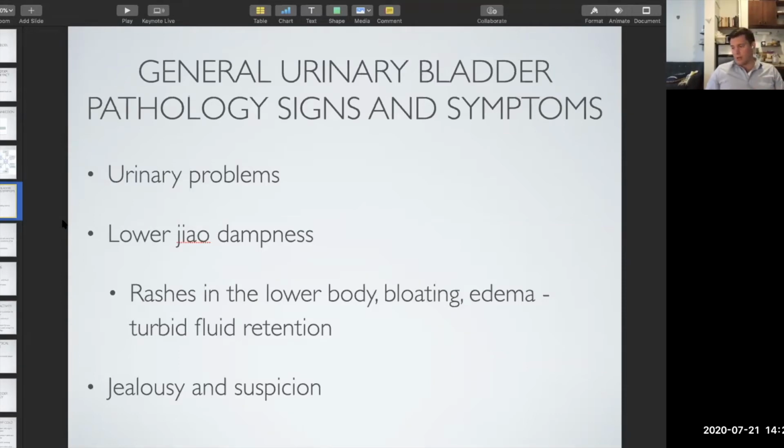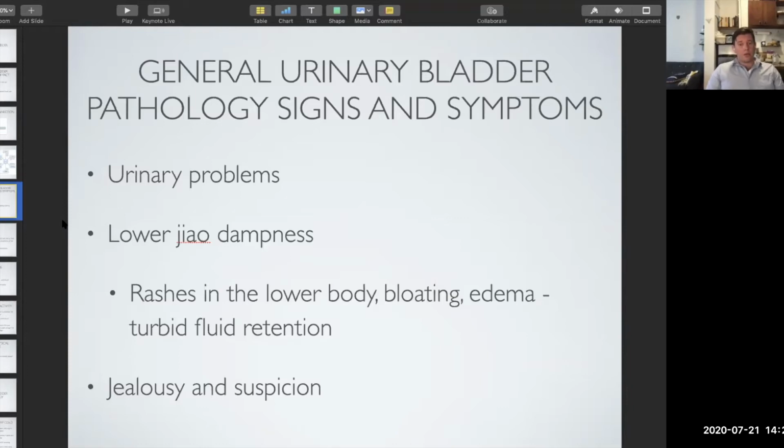When you have patients that come in with a tendency towards rashes on the backs of their legs, let's say, like backs of the thighs, especially if those rashes tend to be very damp, with a lot of leaking of fluids out of them, or a patient who gets a lot of edema in the lower body, but their spleen seems healthy, the normal organs we would think of seem healthy, we might be looking at their urinary bladder not getting the turbidity out and therefore having the turbidity accumulate.